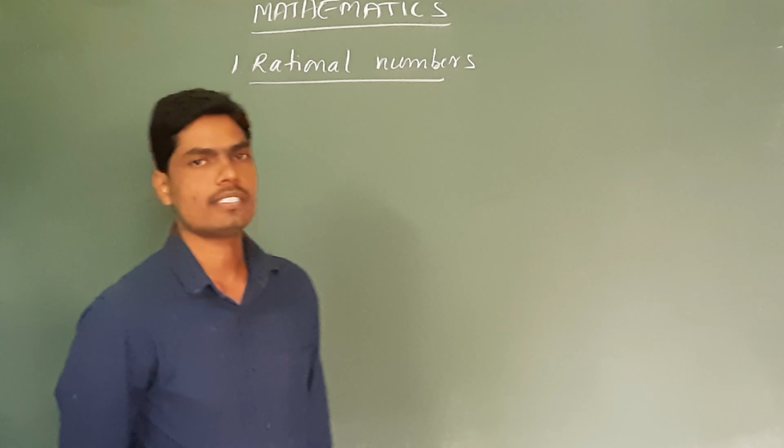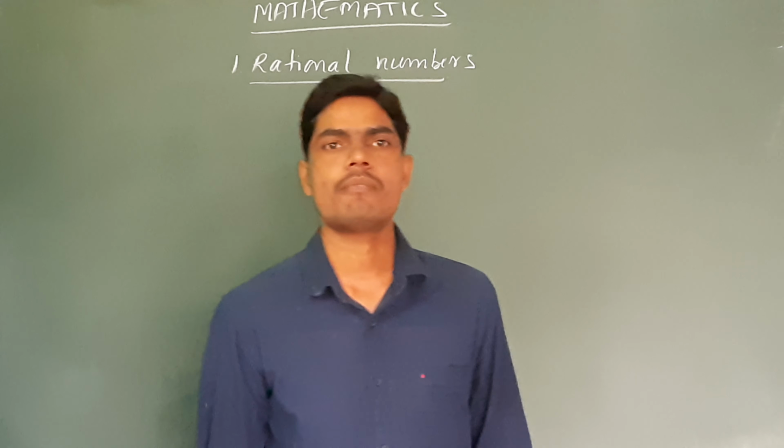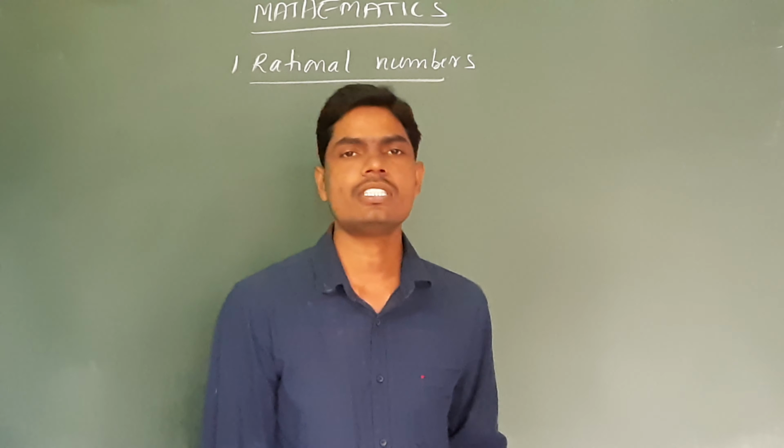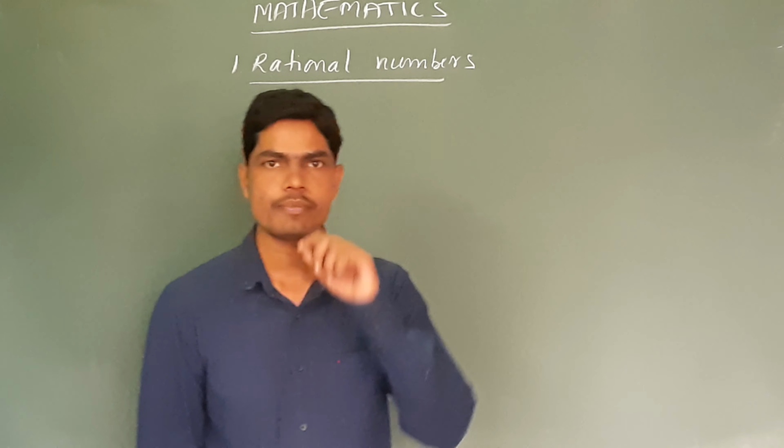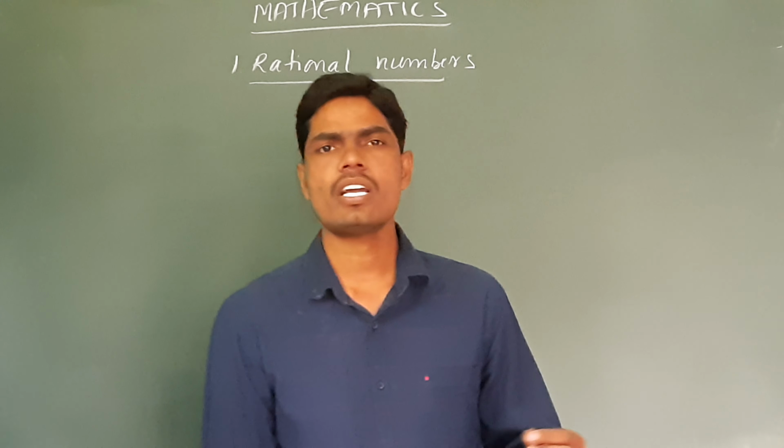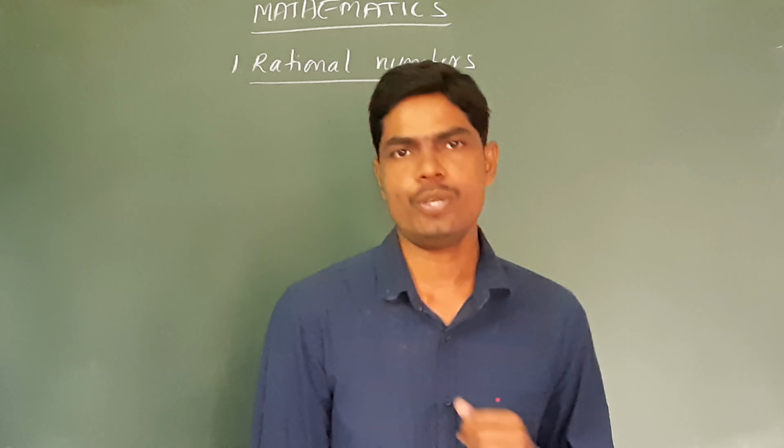What are rational numbers? How can you define rational numbers? The perfect definition of rational numbers is the numbers which are in the form of p by q.